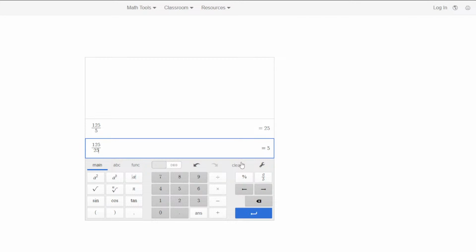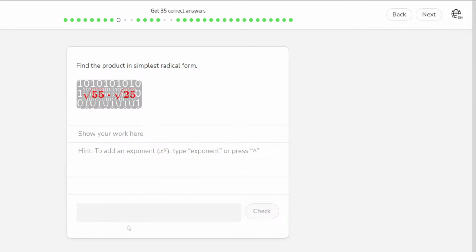Why square root when you can times? It's just part of the problem. Now it's the square root of 11 times 5 squared times 5. So it's 5 times the square root of 11 times 5. So it's 5 times the square root of 55. There's no way that's the answer.